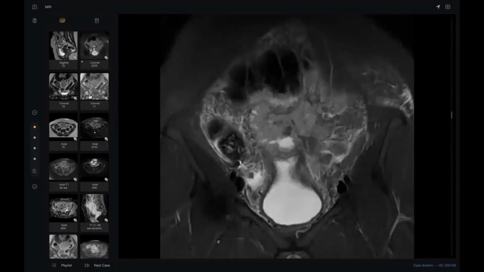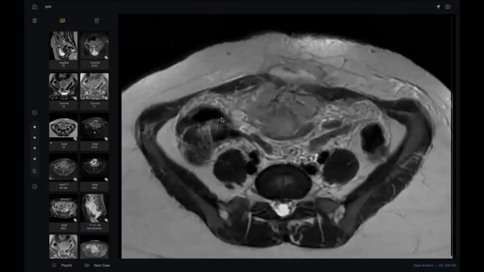This is axial. This is the T2 axial images.